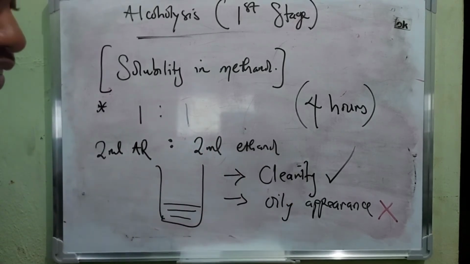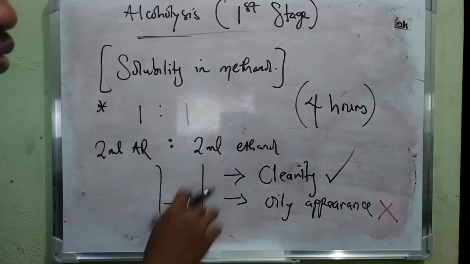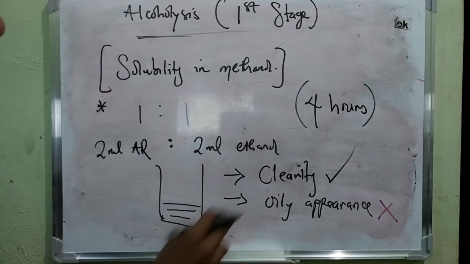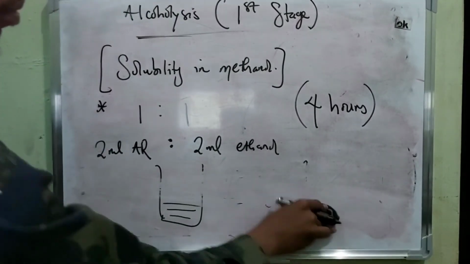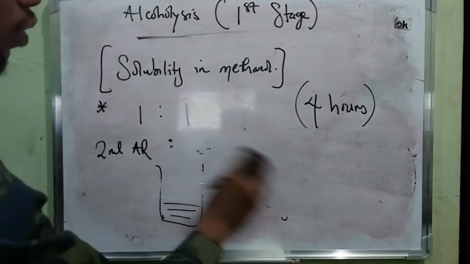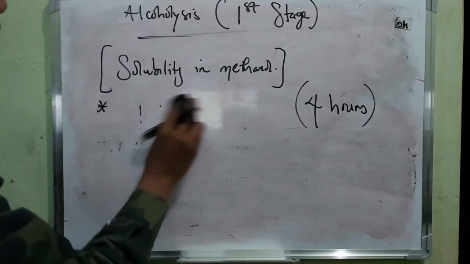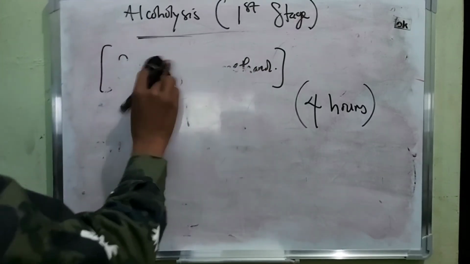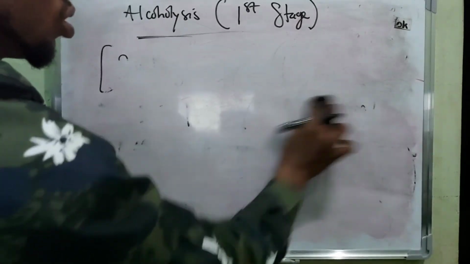So once this is gotten, you can switch off the heating mantle and allow the temperature of the system to cool down. The system I'm talking about is the mixture of the oil, the glycerol and the catalyst that you heated to about 200 degrees Celsius and maintained at that temperature.